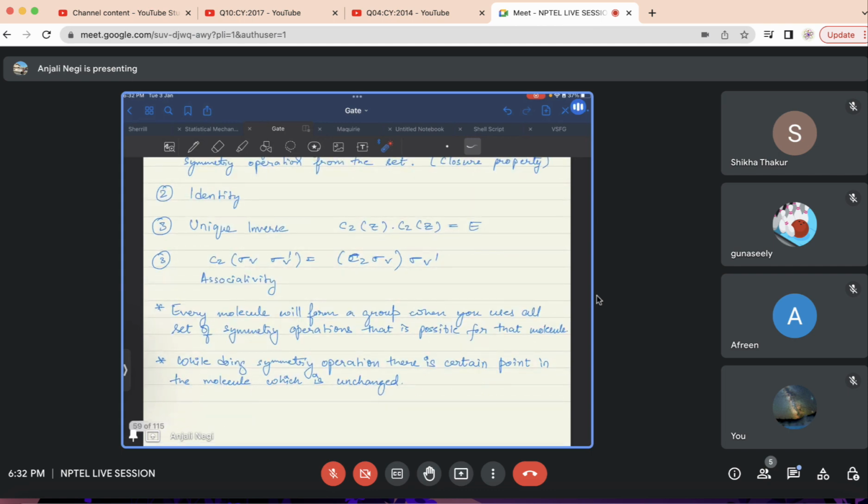Okay, so there are 2 points here that you can note: every molecule will form a group when you use all the set of symmetry operations that is possible for that molecule.